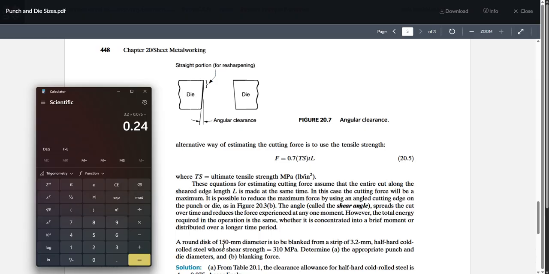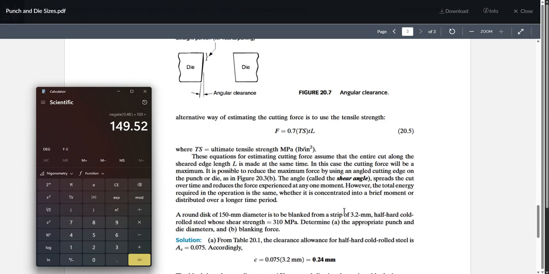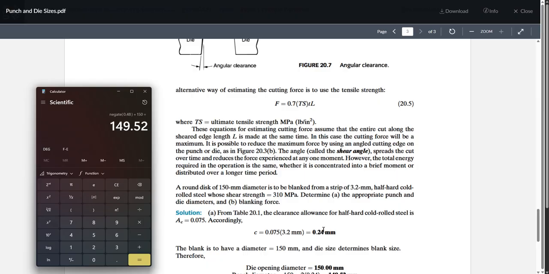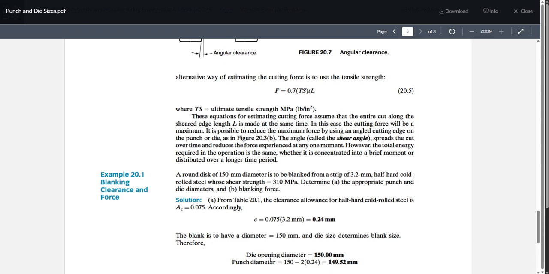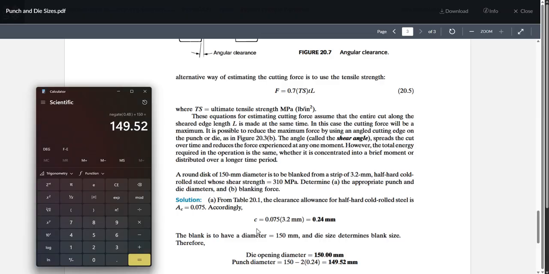So the diameter of the punch is going to be 150 minus 2c. I multiply that by 2, give it a minus, then plus 150 millimeters. So it's going to be 149.5. Let's check that. That's correct. Okay, so that's the punch diameter, and this is the die opening diameter.